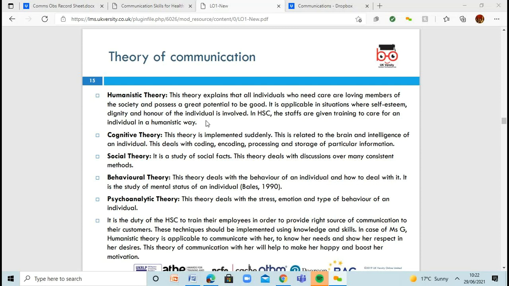Behavioral theory deals with the behavior of how an individual is and how capable they are of dealing with certain things, and obviously what their own mental status is. And then psychoanalytical theory, it just deals with what sort of stress, emotion, what sort of behaviors you have as a person in that.